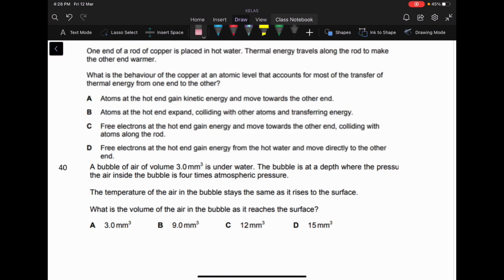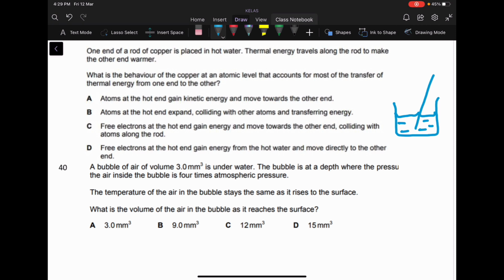Question 39. One end of a rod of copper is placed in hot water. Thermal energy travels along the rod to make the other end warmer. So this is not about thermocouple. Imagine this is a beaker, and I have a copper rod.